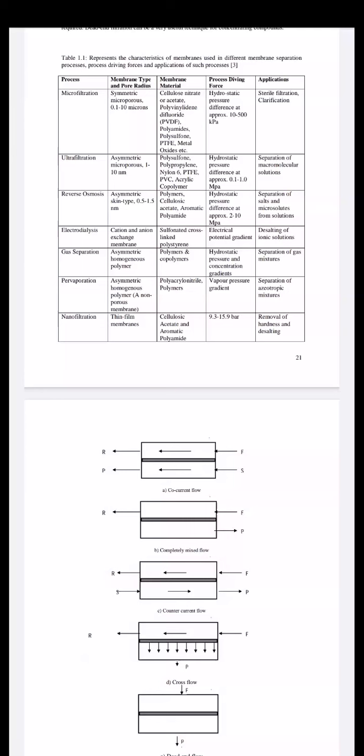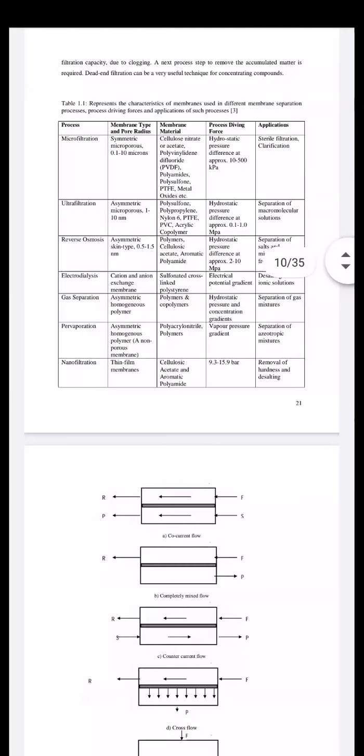The name itself indicates microfiltration means we are going to separate the microorganisms which are present in the water. Generally this technique is used to treat wastewater or muddy water or a natural source of water which is to be filtered for drinking purpose. As far as the driving force is concerned, a hydrostatic pressure difference would be the driving force for this process.